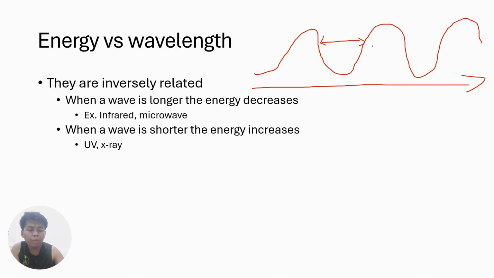The energy produced is decreasing. Examples are infrared and microwave. Some people say that when you microwave food, it's dangerous because of the radiation. But if we look at the principles, microwaves have a long wavelength, therefore there is decreasing energy. Only a small amount of energy is emitted by the radiation.